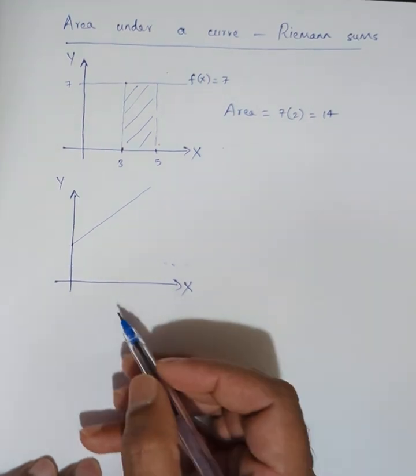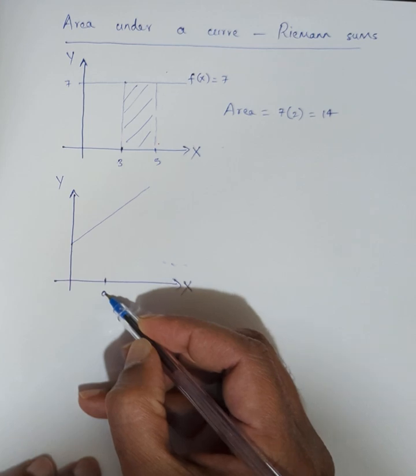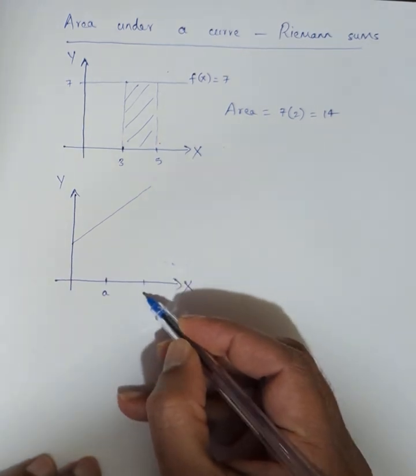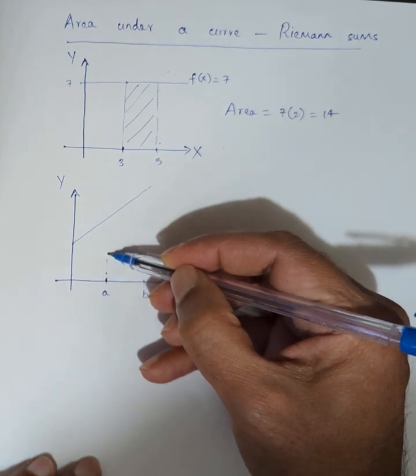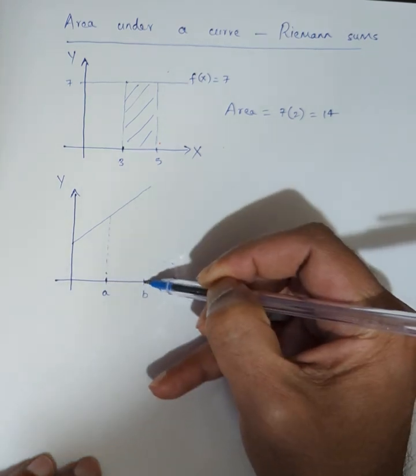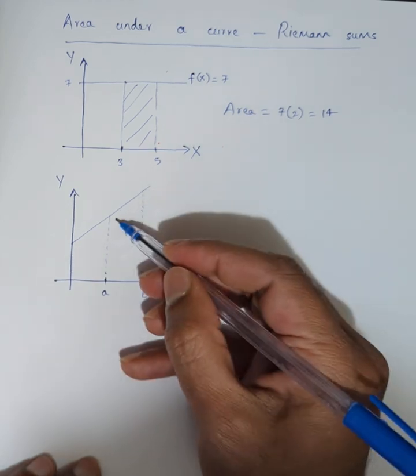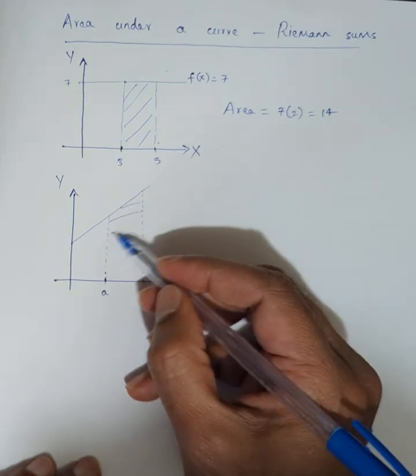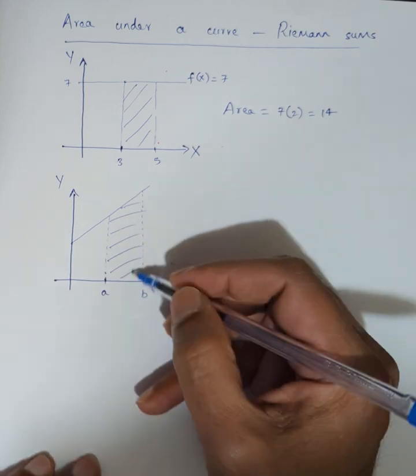So again, let me take 2 points, call them A and B. Between x equal to A and x equal to B, if I'm interested in this area, then the shape I get is a trapezoid. So I can use the formula for the area of a trapezoid.